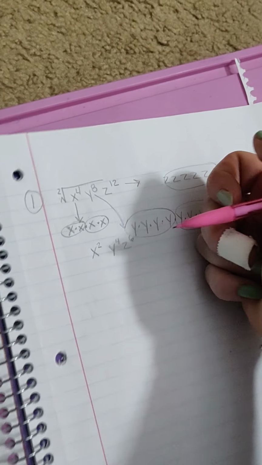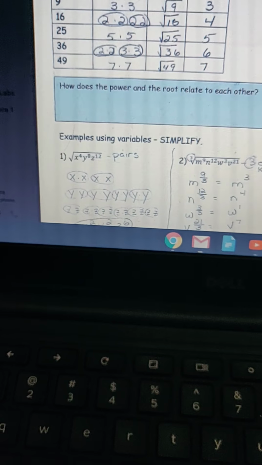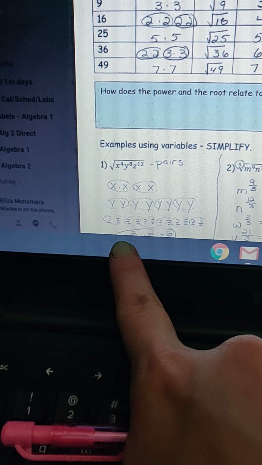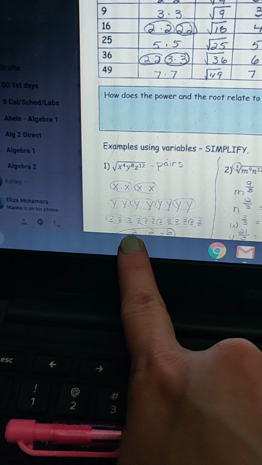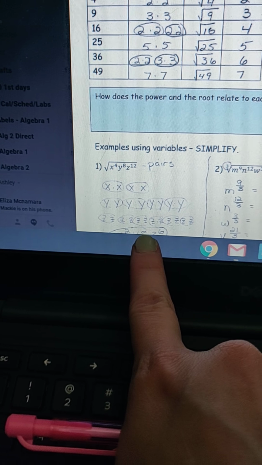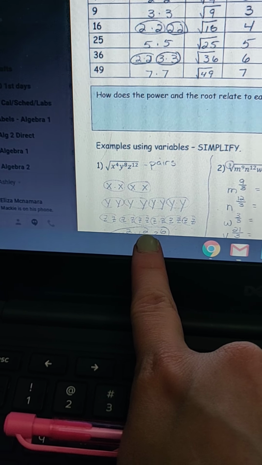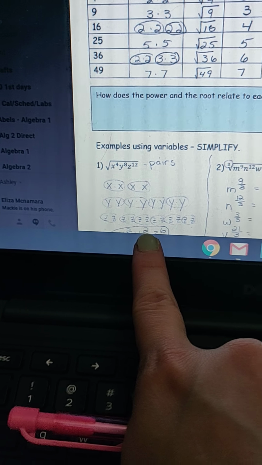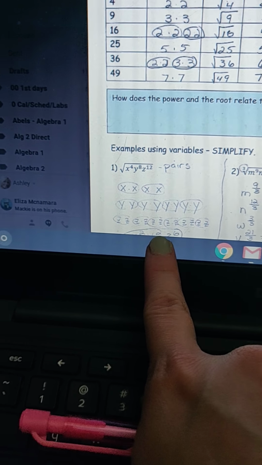And if we look at Miss Bayer's cheat sheet over here, we're missing part of it. X to the 2nd, y, that should be y to the 4th.